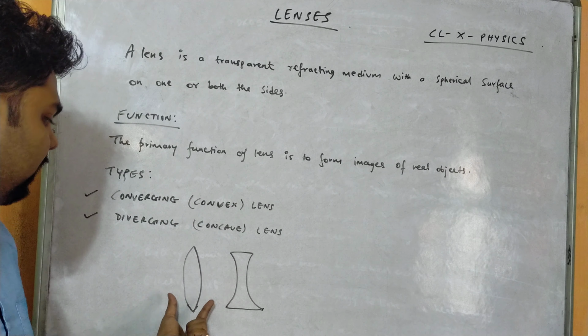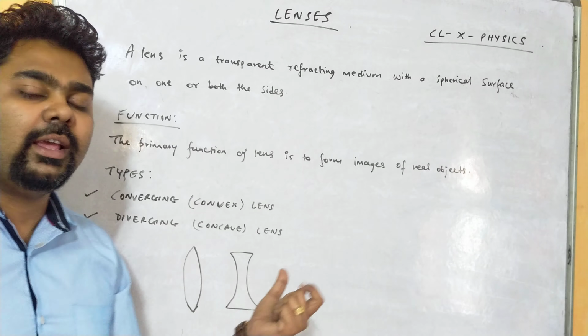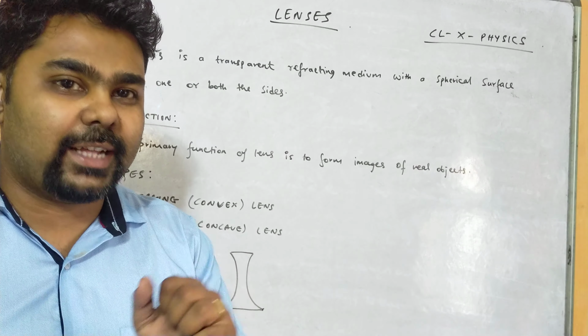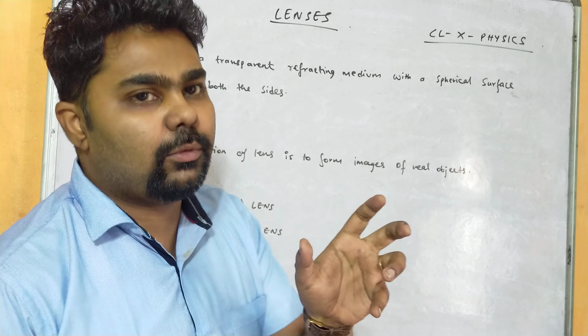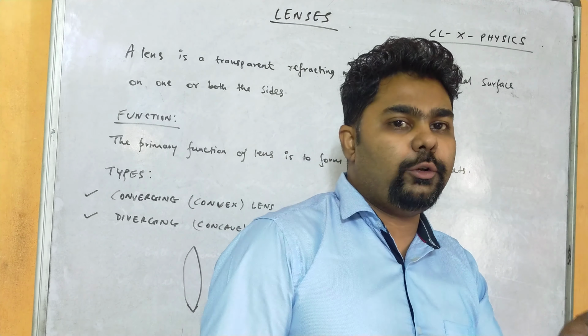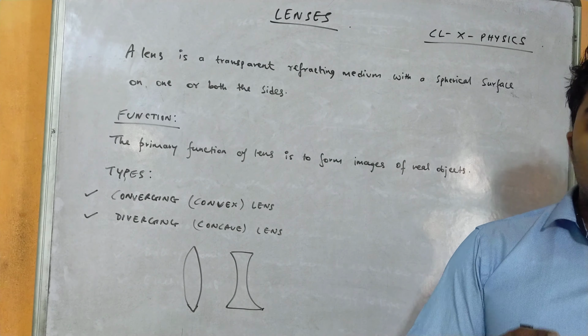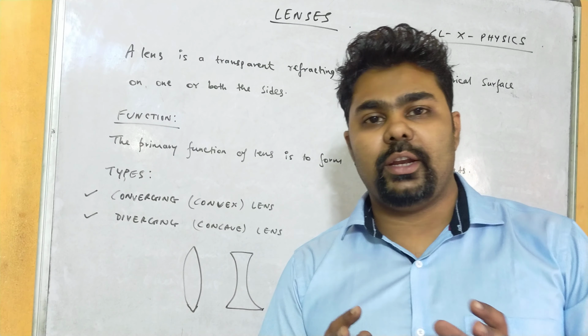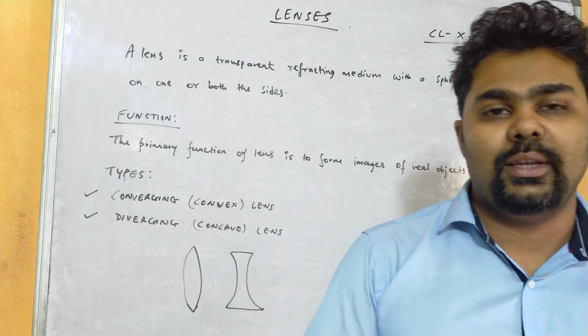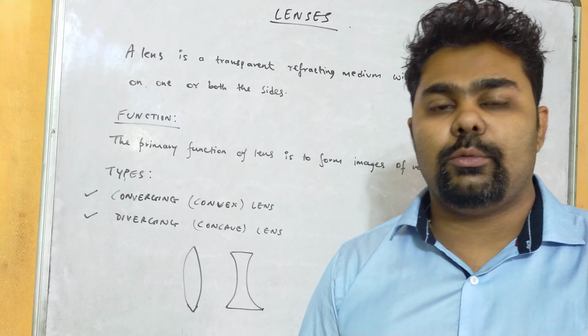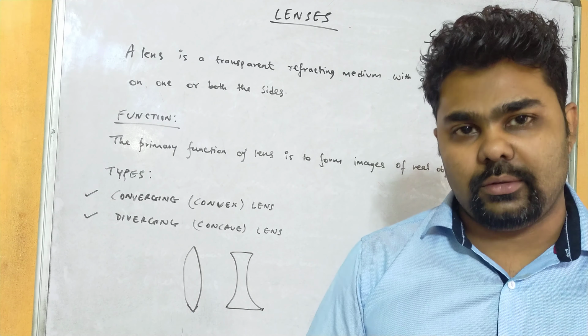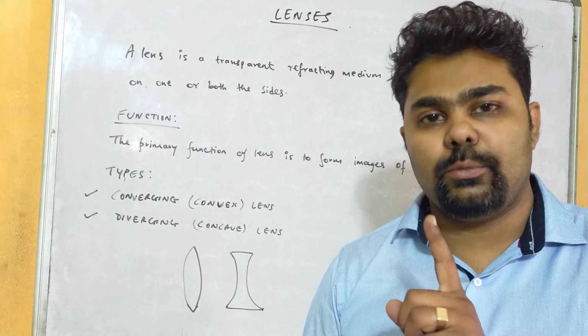That is, convex lens is considered to be a converging lens and concave lens is said to be a diverging lens. Now the question comes, why is it said to be converging or diverging? Converging lens, because when the light rays fall on this lens, they converge to a fixed point. They seem to meet at a fixed point.